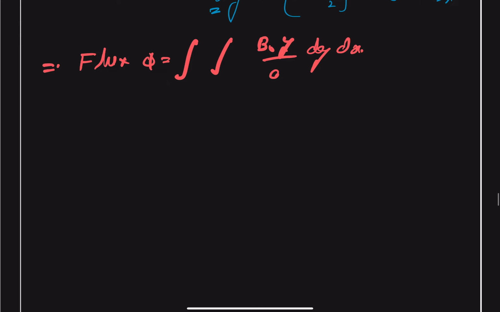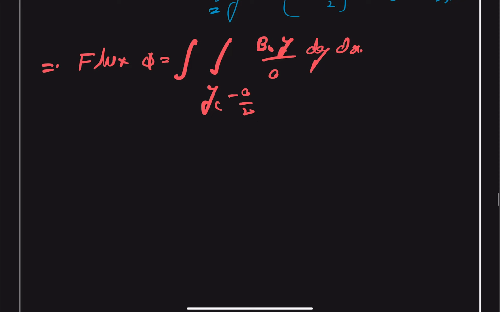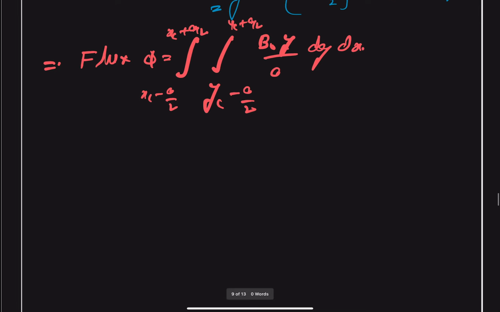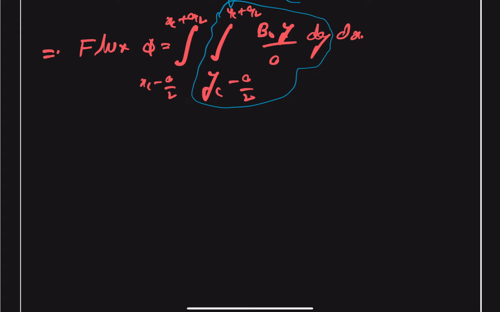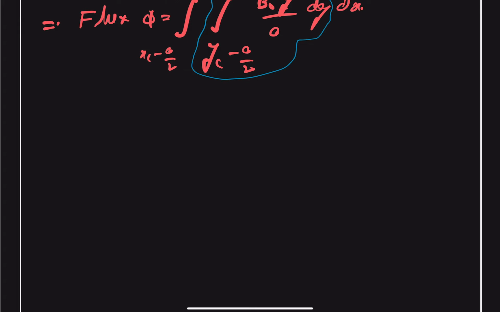We put the limits yc minus a by 2 to yc plus a by 2 for y, and xc minus a by 2 to xc plus a by 2 for x. So let us first of all solve this inner integral.